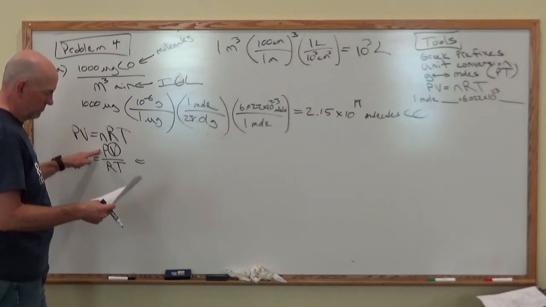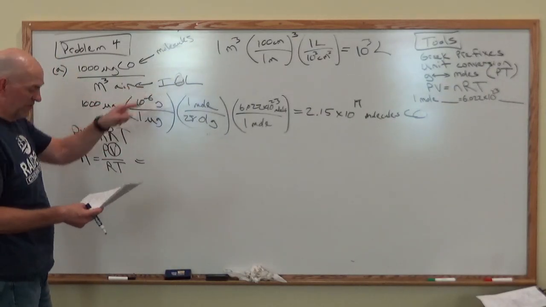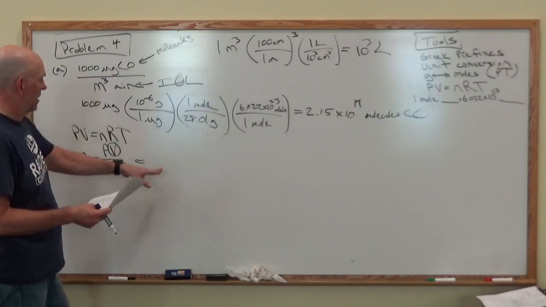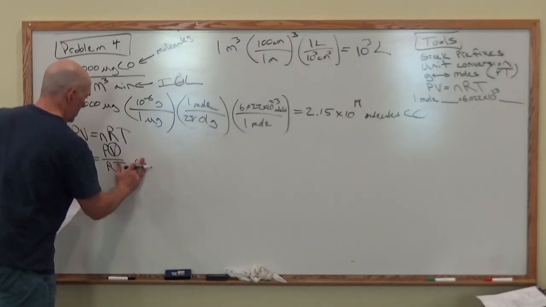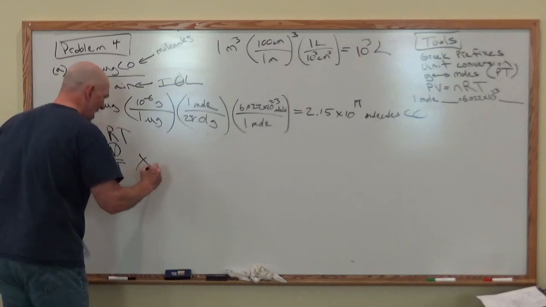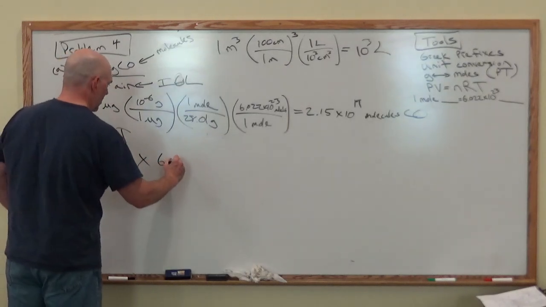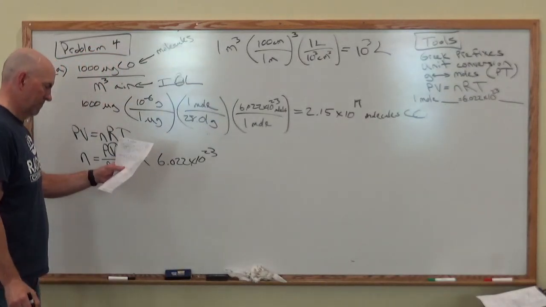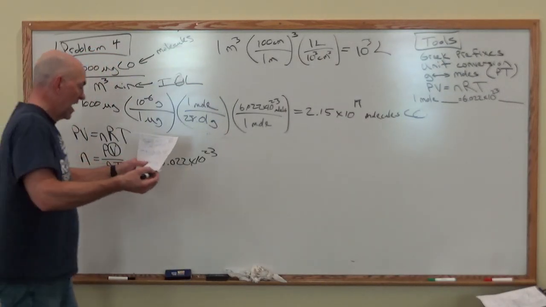Put in your pressure, put in 1,000 liters, put in R, put in your temperature in Kelvin, multiply, get that number, and then you're going to multiply whatever you get there times 6.022 times 10 to the 23rd. Okay, then I will give you this part.